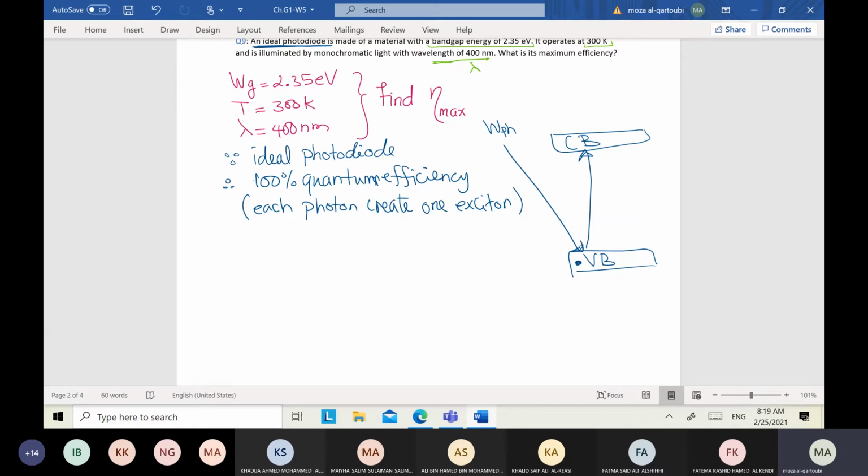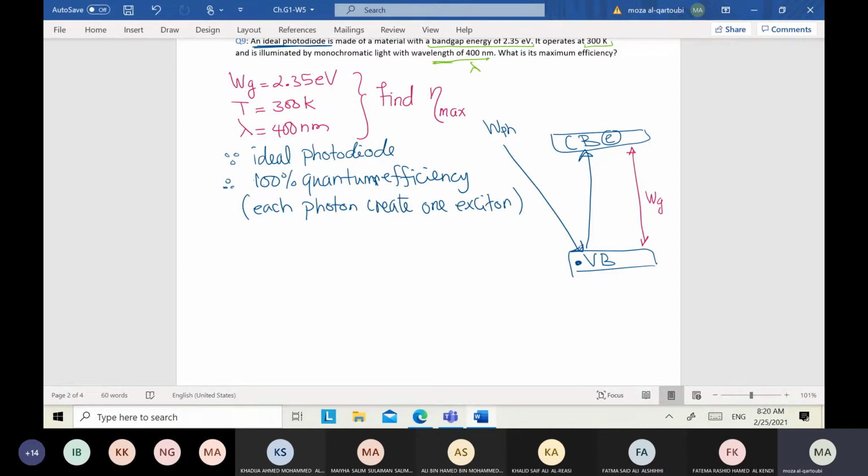The gap between the two bands is Wg, and this value is given in this equation as 2.35 electron volt.